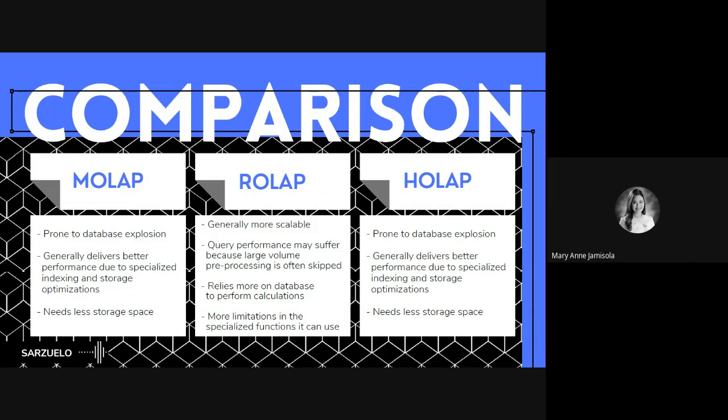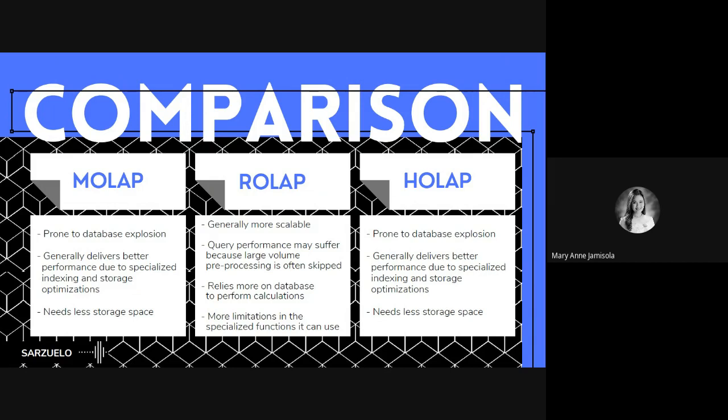MOLAP also generally delivers better performance due to specialized indexing and storage optimizations. MOLAP also needs less storage space compared to ROLAP because the specialized storage typically includes compression techniques.